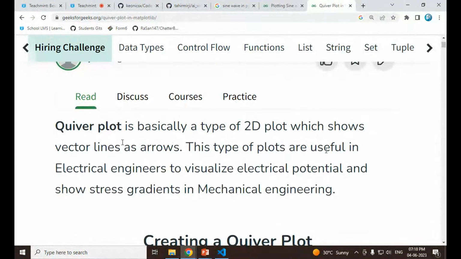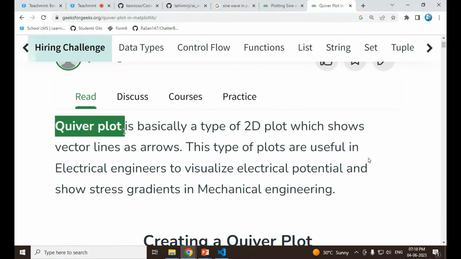Okay, it's basically the vector lines as arrows. Vector lines as arrows. This type of plot is useful for electrical engineers to visualize electrical potential, and to show stress gradients in mechanical engineering. You understand this? Vector lines as arrows is going to show that. That's why this quiver plot is being used.